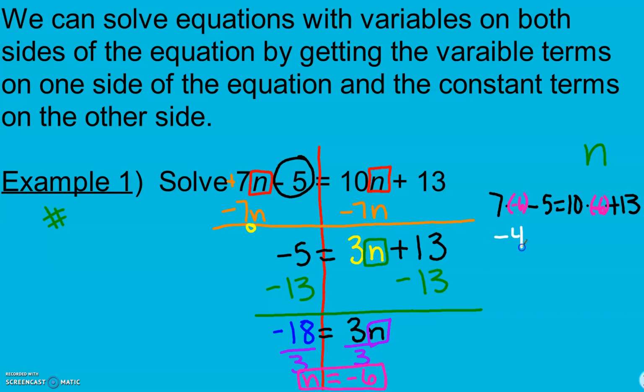Multiply first, negative 42 and negative 60. Sorry, this is a minus 5 equals negative 60 plus 13. That gives me negative 47 equals negative 47, which checks, so we are right.